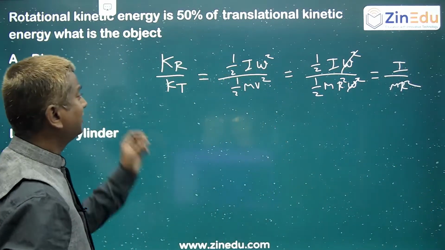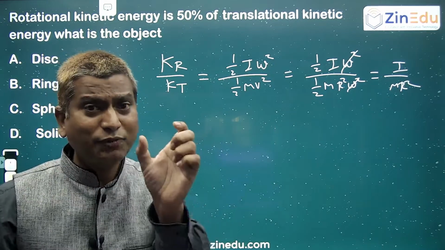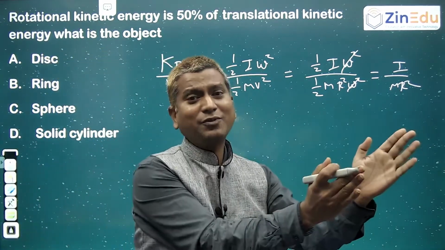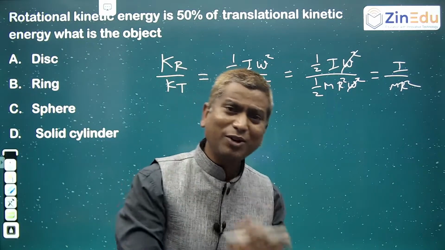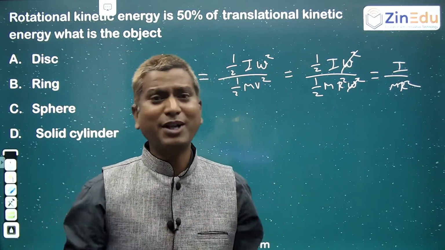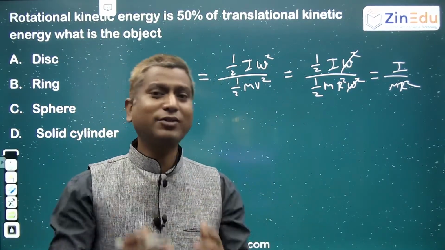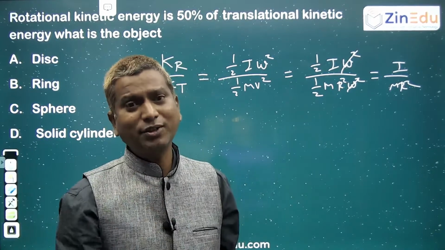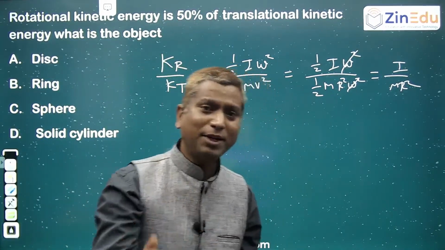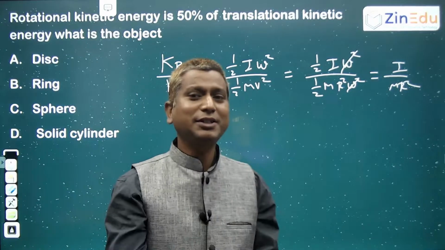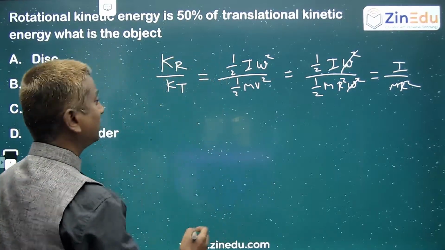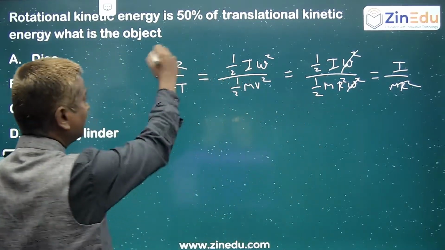So Kr by Kt is exactly the fraction in front of the moment of inertia. For every rolling object, it is in terms of m r square: ring 1 m r square, disk 1 by 2 m r square, solid sphere 2 by 5 m r square, and hollow sphere 2 by 3 m r square. So that fraction is what you get as Kr by Kt.